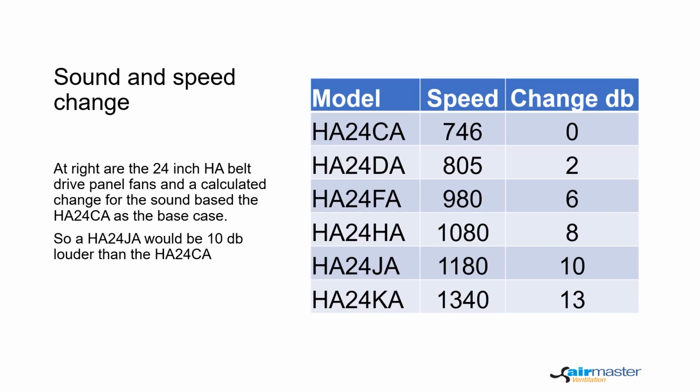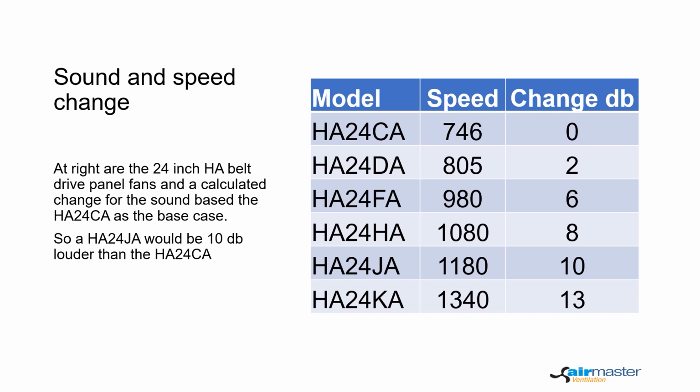Here's an illustration of what happens to a fan when you increase just the speed. We're using the HA24CA as the basis, so it's our zero, although clearly it actually makes sound. What we can say is that the sound power will increase by 10 decibels, for an example, when the speed goes from 746 RPM to 1180 RPM of the HA24JA.